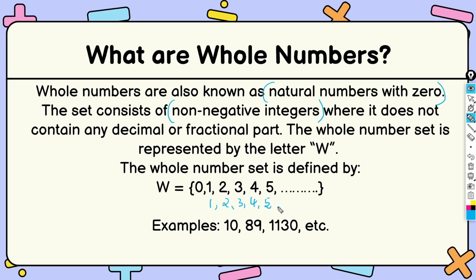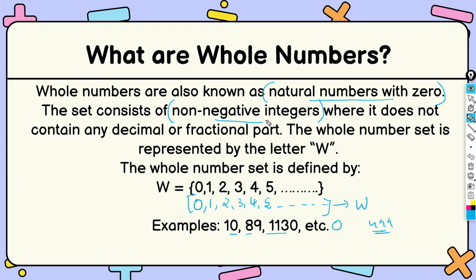If we add 0 to the natural numbers, that is, natural numbers with 0, these are called whole numbers. Whole numbers are denoted by W. So, natural numbers plus 0 are called whole numbers. Examples are 10, 89, 1130, 0, 499, etc. All these come under whole numbers. So, what are these non-negative integers?